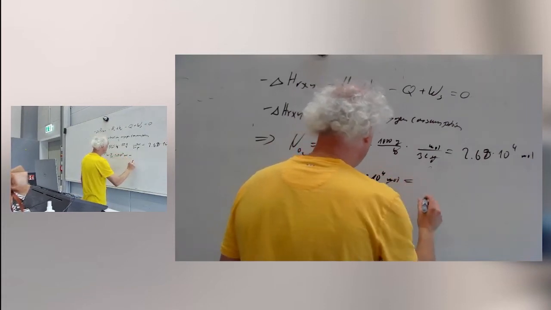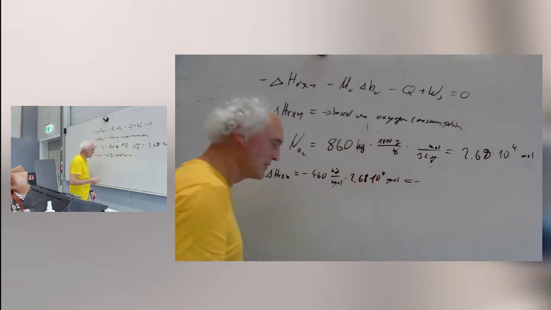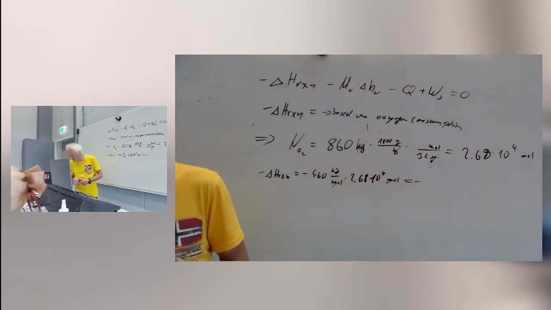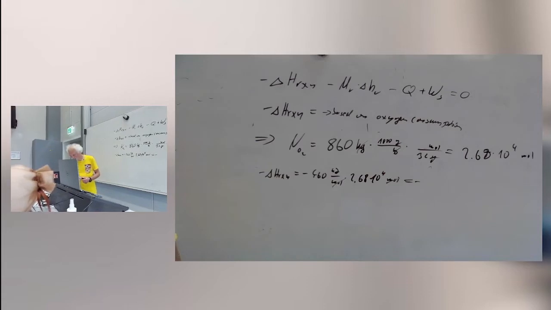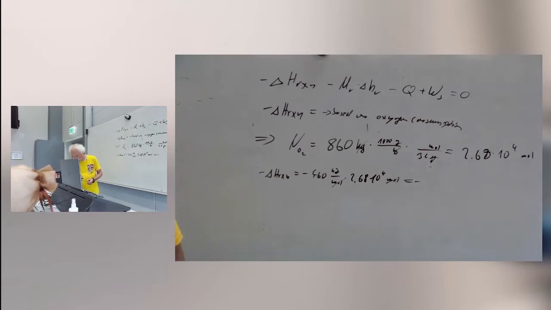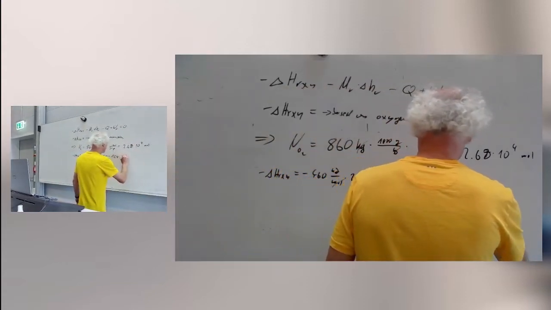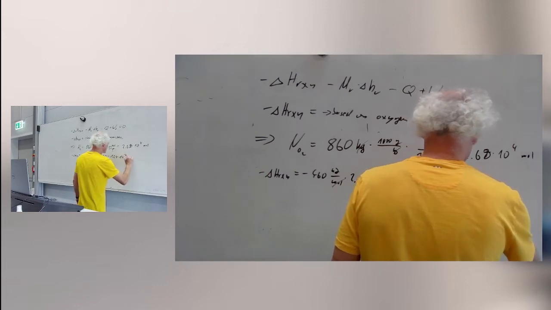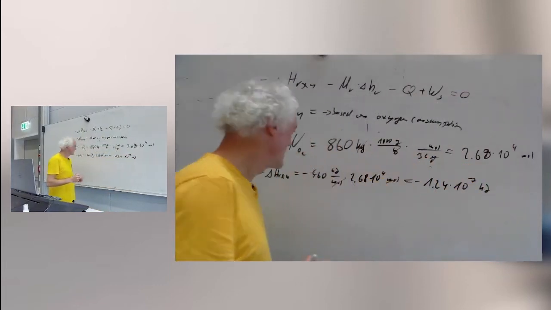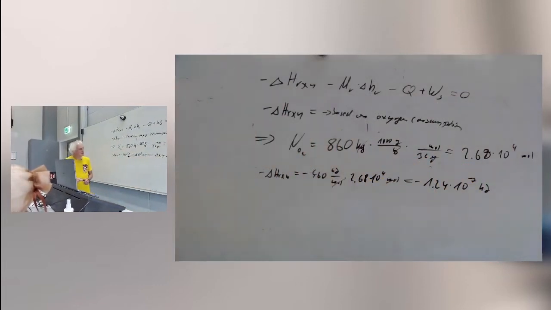Bam, bam, and we end up with a couple of kilojoules. This should be the same as here. Here I have minus 1.24 times 10 to the 7 kilojoule. 10 to the 7, not 10 to the minus 7. Yeah, that sounds at least reasonable.